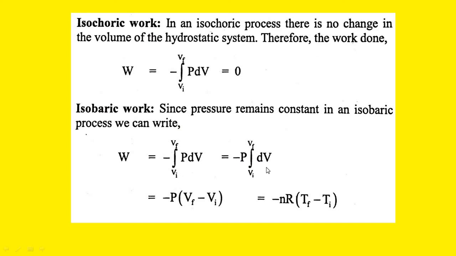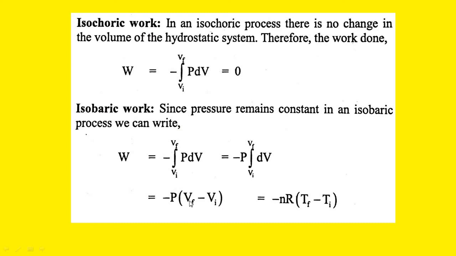Simple. So W is minus integral Vi to Vf P dV, which can be written as minus P into integral Vi to Vf dV. This is V within limits Vi to Vf, that you can write as Vf minus Vi. So it is minus P Vf minus Vi.